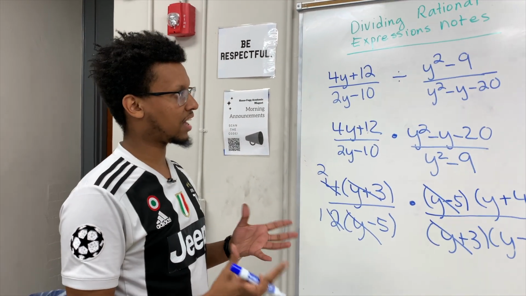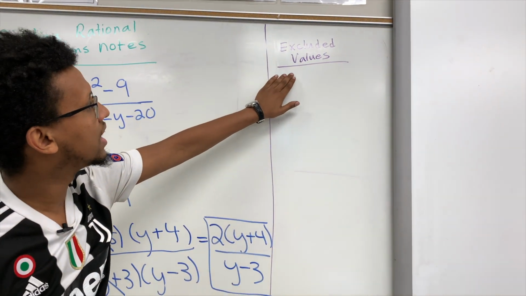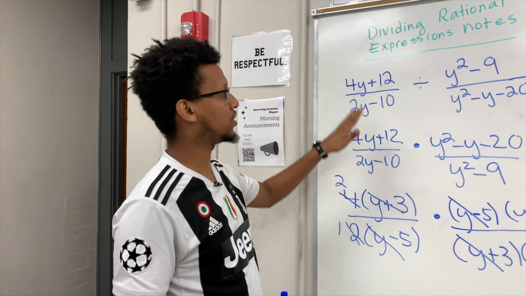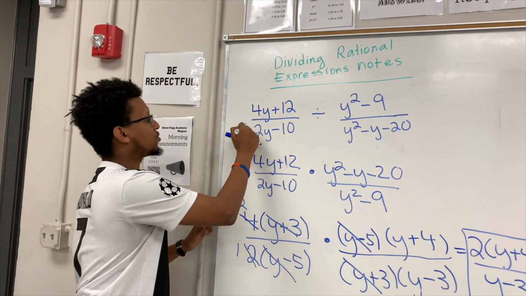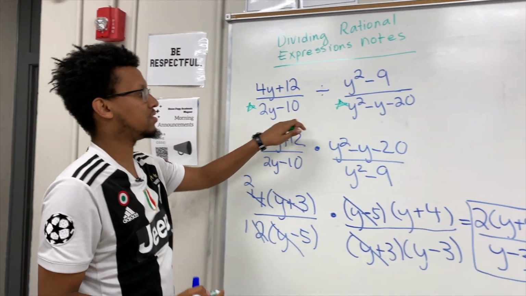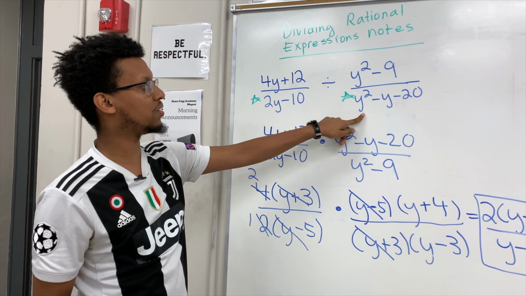One thing that is sometimes confusing is something called excluded values. Excluded values are numbers that make our denominator 0. So if you look at the original problem, you always want to focus on this and this, because this is our denominator, and we need to find out what number makes the bottom 0.